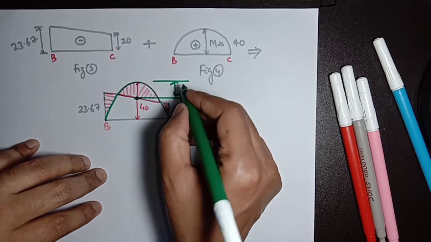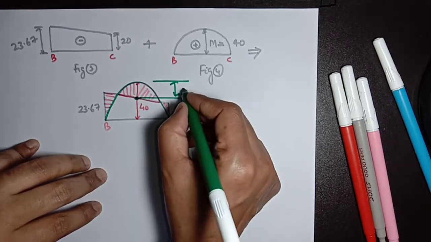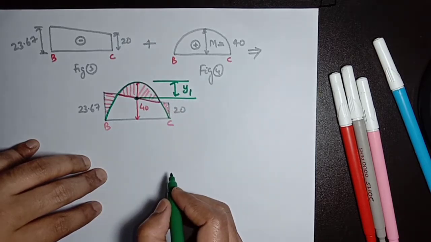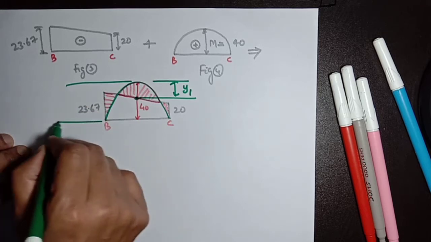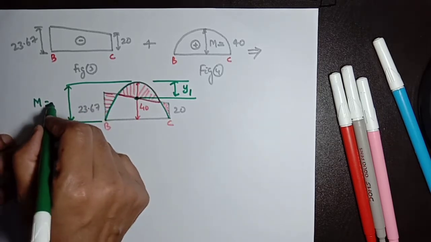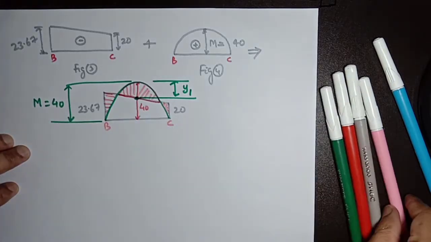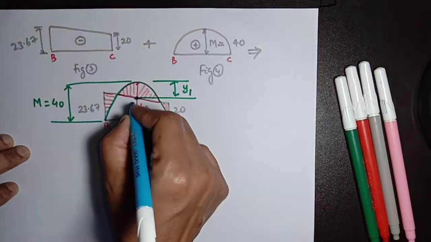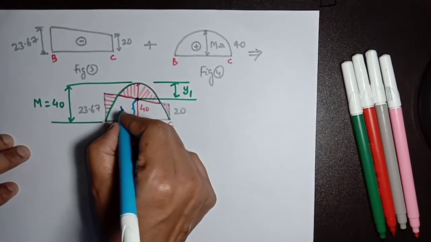Oh, sorry, span moment. Suppose this is y1, and this final value, the simply supported moment, is M. Value is 40. If we are able to calculate this value, the same as we have done for span AB, this is y2.